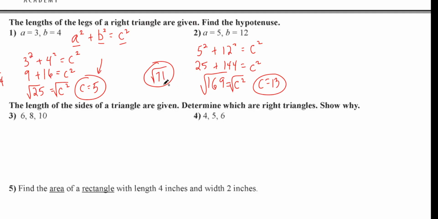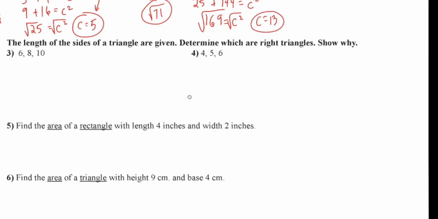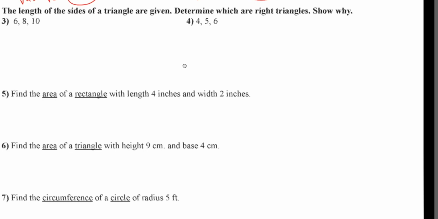I don't think on the actual test it comes out to square root of 71, but it could come out to something that doesn't come out to a nice whole number when you take the square root of it. So just leave it like this. I don't want any decimals for that.